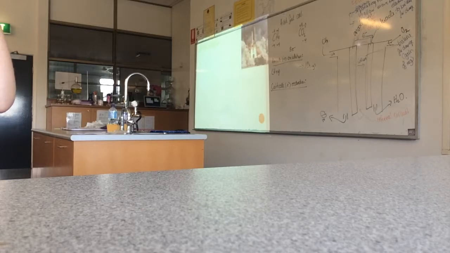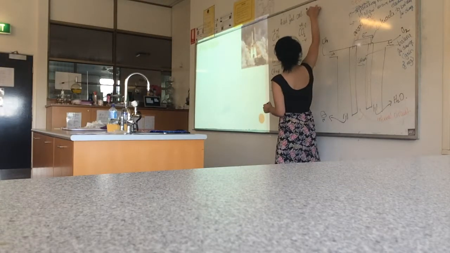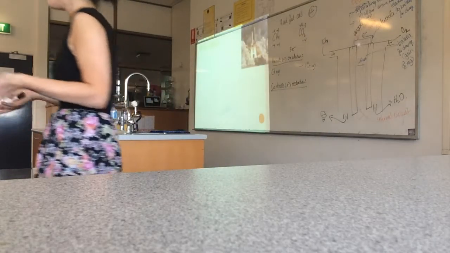Which one? The balance with OHs and the H's. This says acid fuel cell. Doesn't that mean you just balance with the electrons? Sorry, go again. Isn't that using the OHs and H's to balance, isn't that a basic environment? Yeah, so this is just balancing with H plus instead of OH minus. Just your regular way.